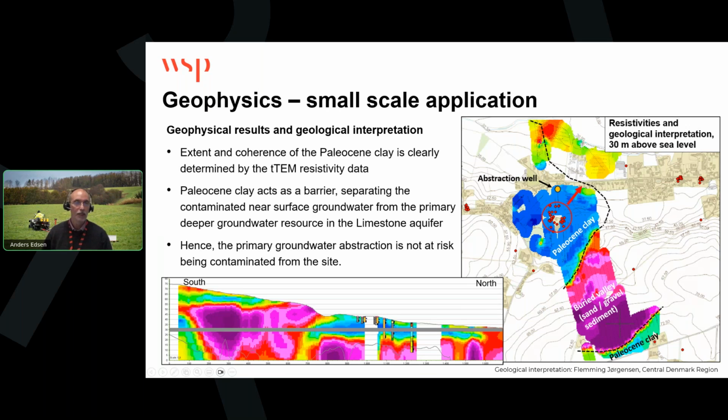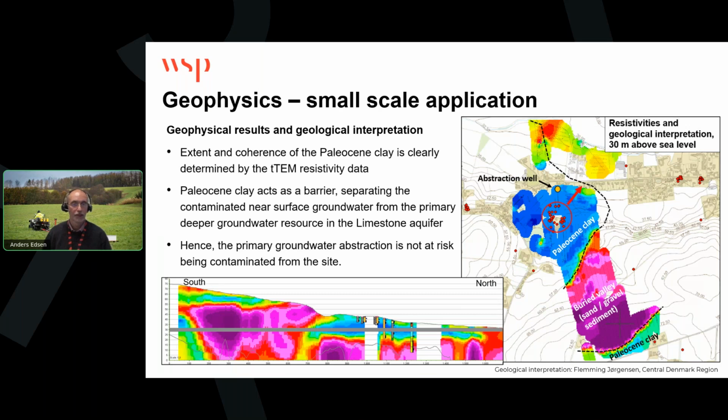This Paleocene clay is very clearly determined by the TEM resistivity data. That Paleocene clay will act as a barrier separating the contamination close to the surface from the primary resource, represented by the limestone at the bottom of the profile.